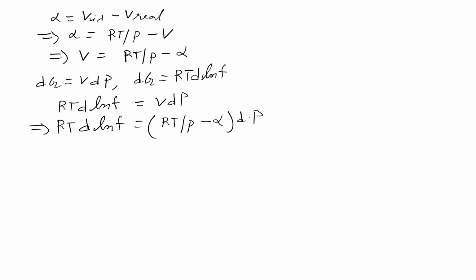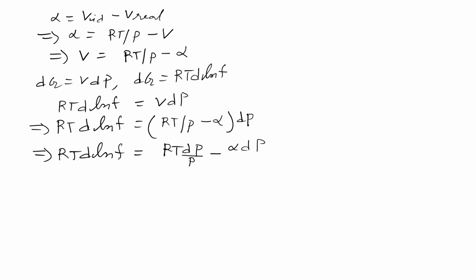So RT d ln F is equal to RT dP by P minus alpha dP.